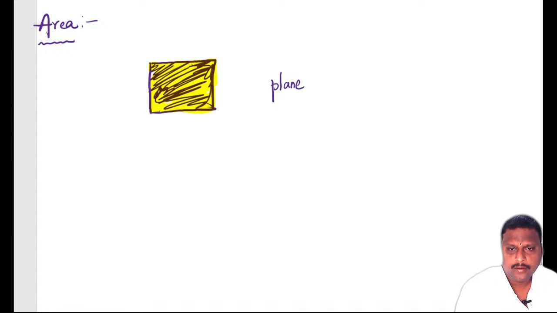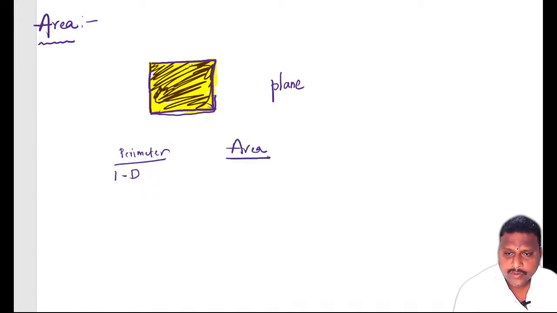Okay. What is the difference between perimeter and area? Perimeter is the measure of the outer line. Line means one dimensional, 1D. Perimeter is single dimensional. When it comes to area, it goes horizontal and vertical both. This is one line, this is another line.